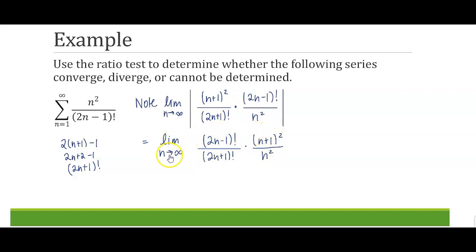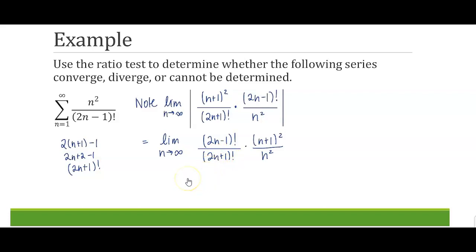And now here, as n approaches infinity, this part right here on the right is just going to be 1. I have n squared, I have n squared, I take those leading coefficients, that part's going to be 1. So it's going to be a matter of figuring out what happens to this piece here. So 2n plus 1 is the bigger factorial.